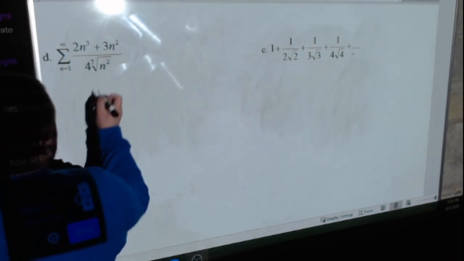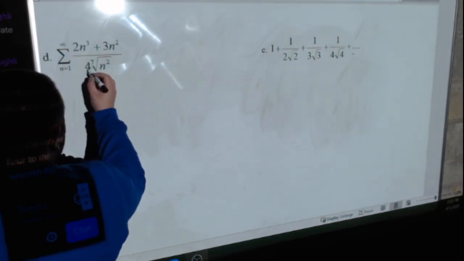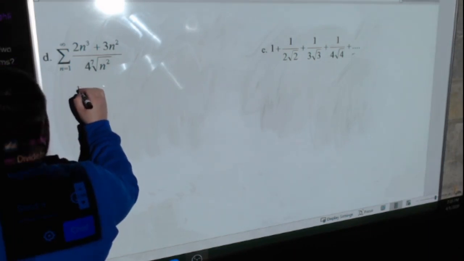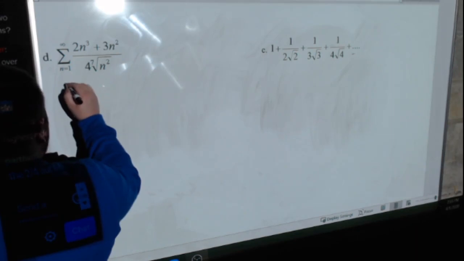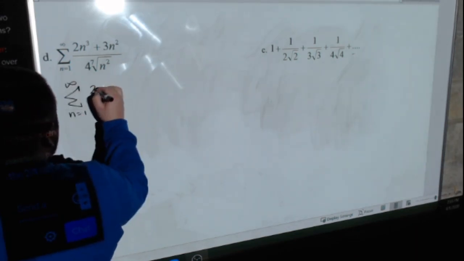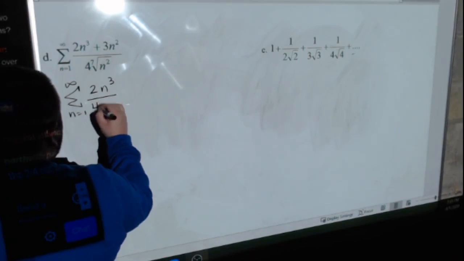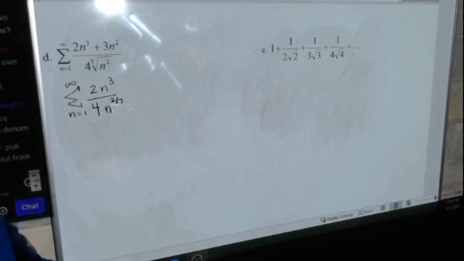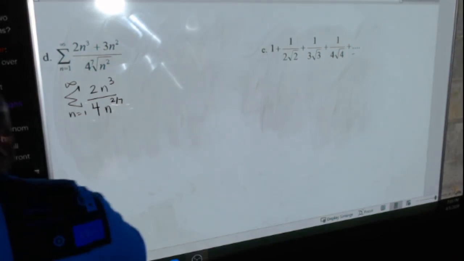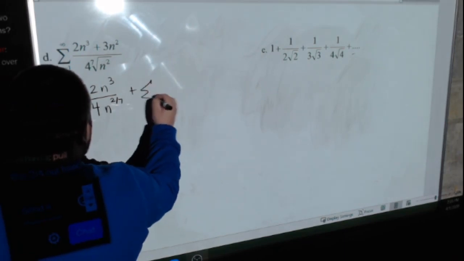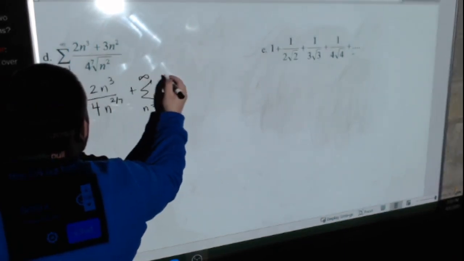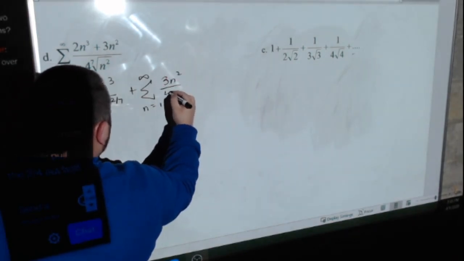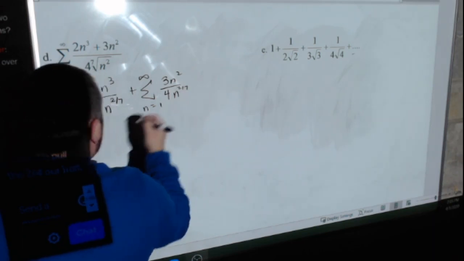Okay, so this is actually the 7th root, not 4 to the 7th. So I want to make this the sum n equal 1 to infinity of 2n cubed over 4n to the 2/7, plus the sum n equal 1 to infinity of 3n squared over 4n to the 2/7.